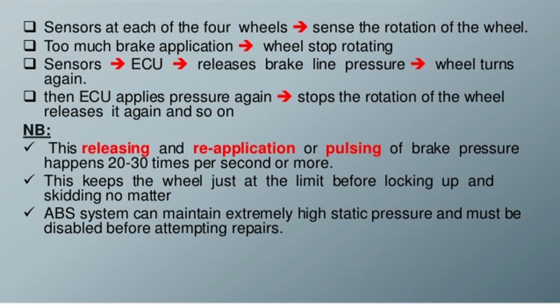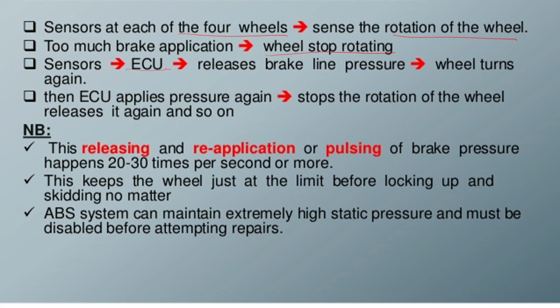So, this is the way the ABS works: sensors at each of the four wheels sense the rotation of the wheel, and if there is too much brake application, the wheel will stop rotating. The sensors immediately catch that the wheel is not rotating.